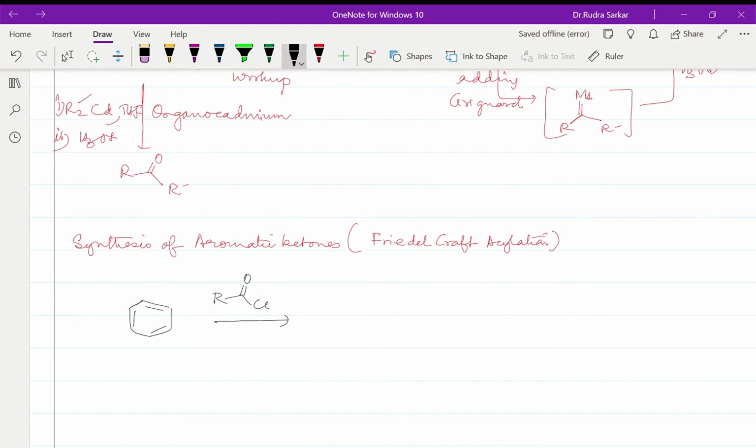In presence of a Lewis acid, which is the anhydrous AlCl3, an acyl group is produced via the reaction of the acid chloride with AlCl3. This produces the acylium ion, which is stable because it is resonance stabilized.